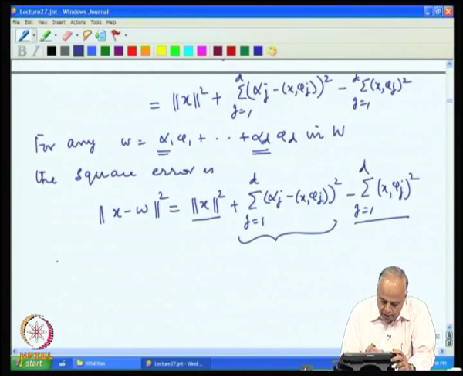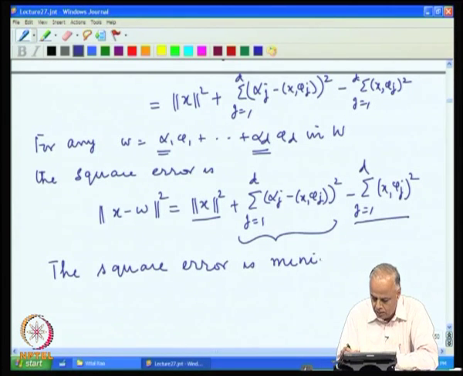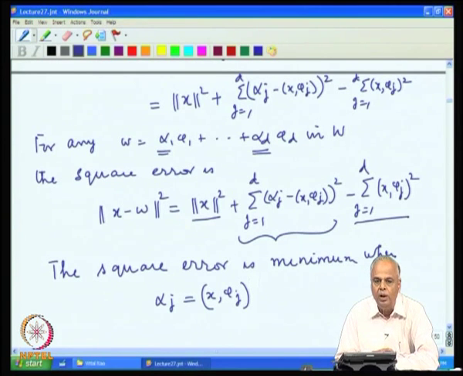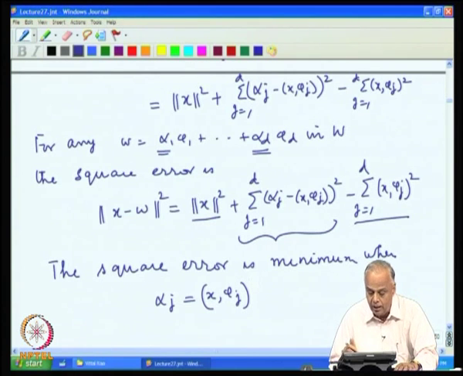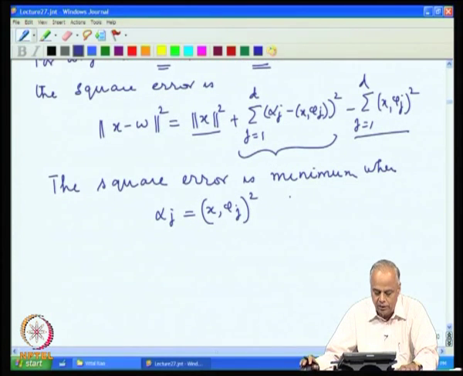So, the square error is minimum when alpha j is equal to x phi j. If any one of the alpha j's is not equal to x phi j, then there will be an additional contribution from the middle term and therefore, the error will increase.